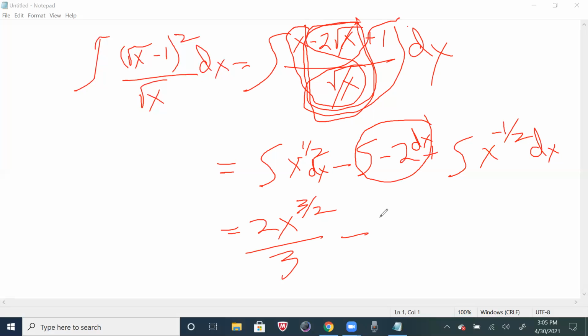That's just minus 2x. And the third one, so this is just 2x to the 1/2 then?